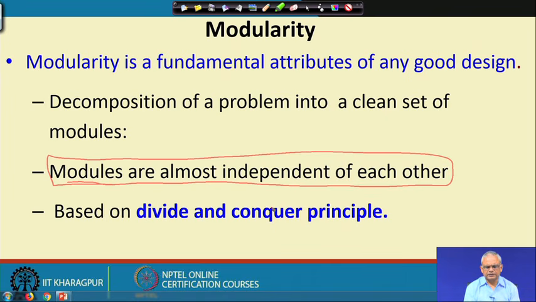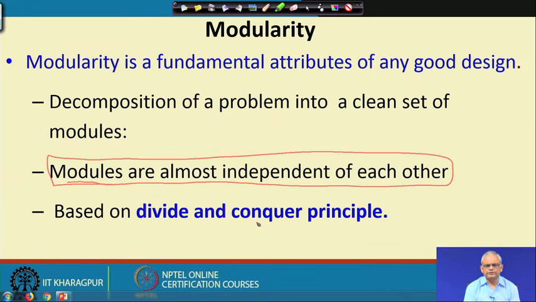A modular design uses the divide and conquer principle in the sense that to be able to understand the design, we just take up each module and understand it, and after we have understood all the modules, we have understood the design.